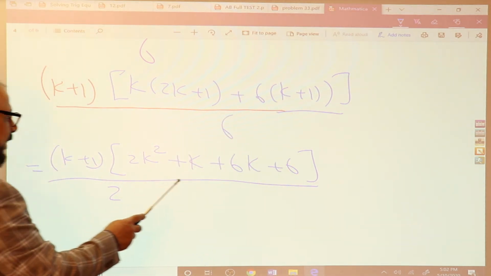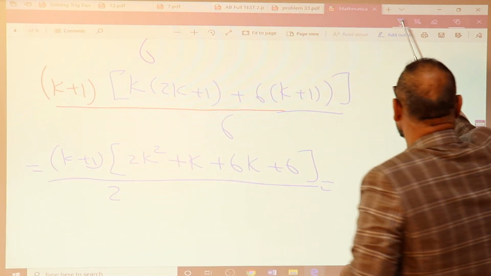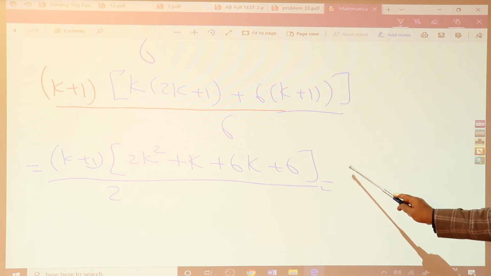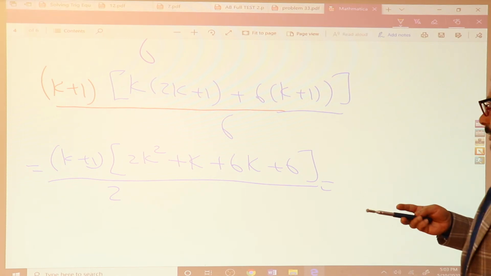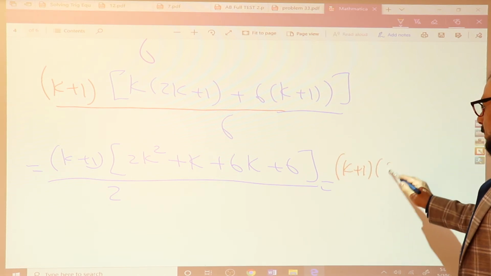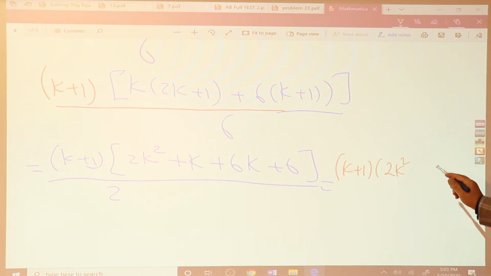Now simplify this one: k plus 1 times 2k squared plus 7k plus 6, over 6.